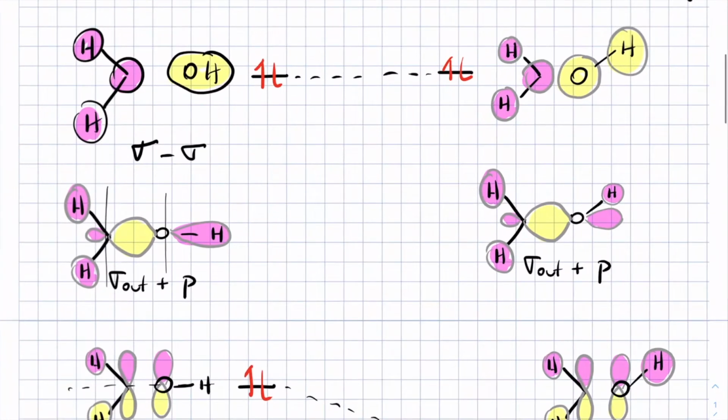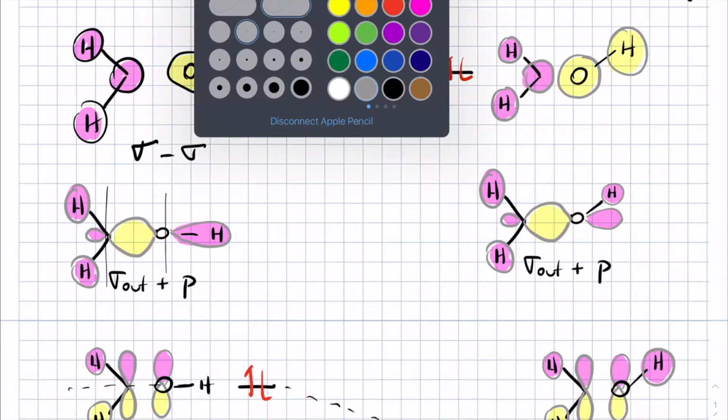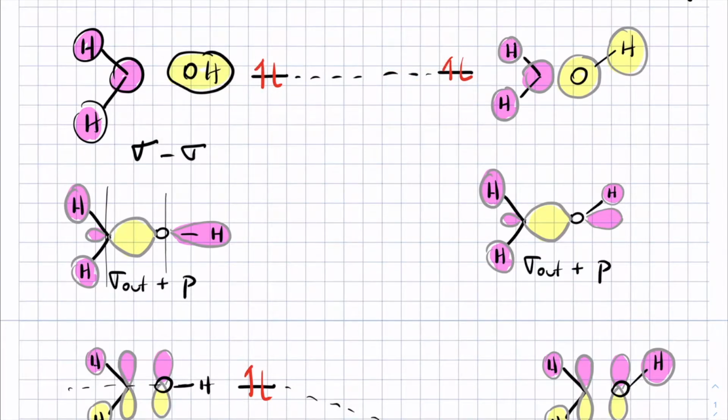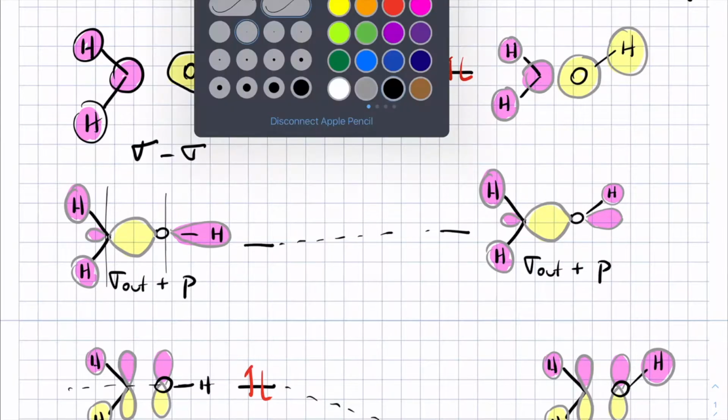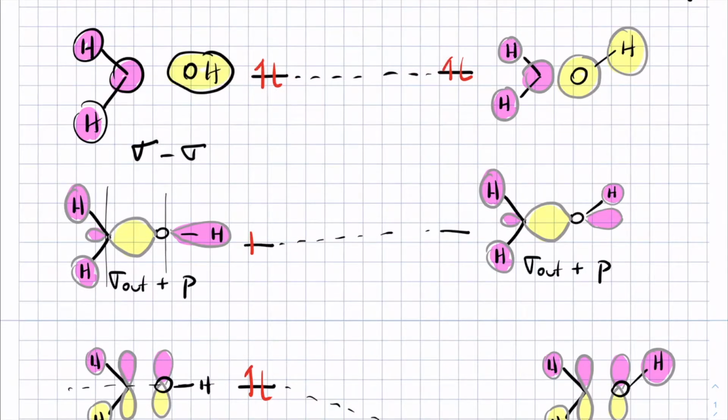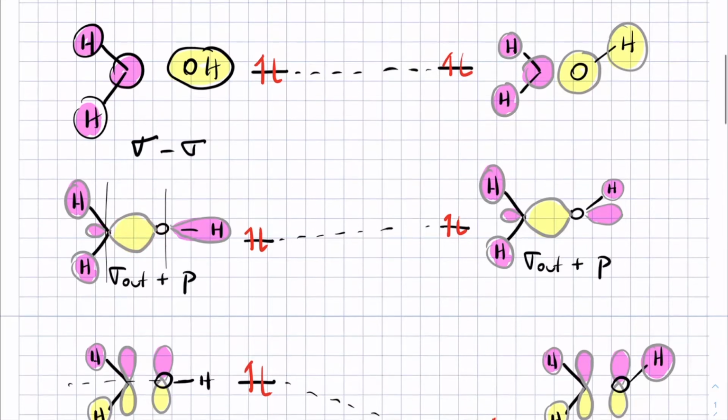So you might expect this one to get a little bit higher in energy, but probably not a huge amount. And remember that the sigma out orbital is likely to derive most of its stability from the overlap between the carbon and the oxygen.